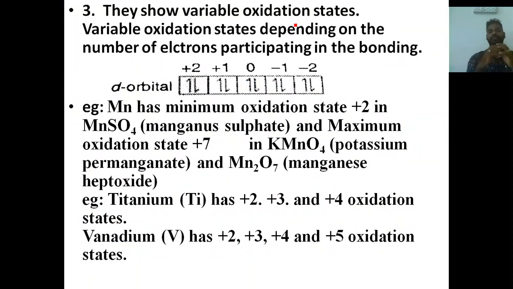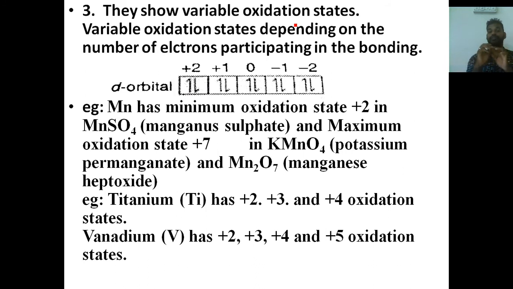And then oxidation state or oxidation number is very important here. They have a variable oxidation number, we can say variable oxidation state. This is because of the availability of d orbital. So here we have 5 orbitals, and the capacity of d orbital is 10 electrons.